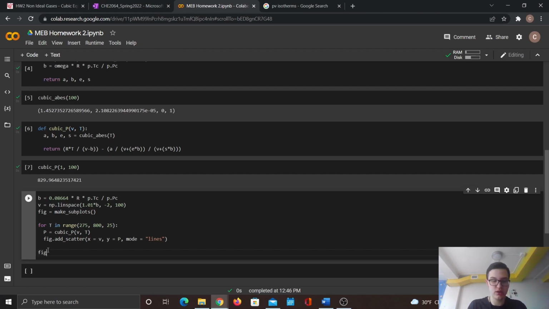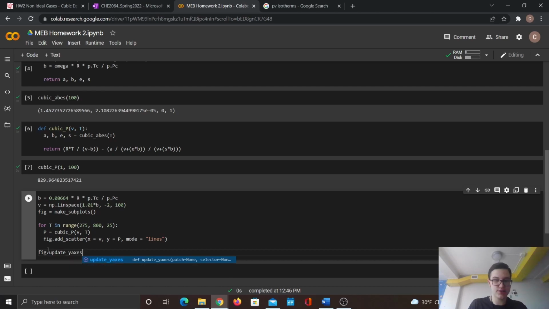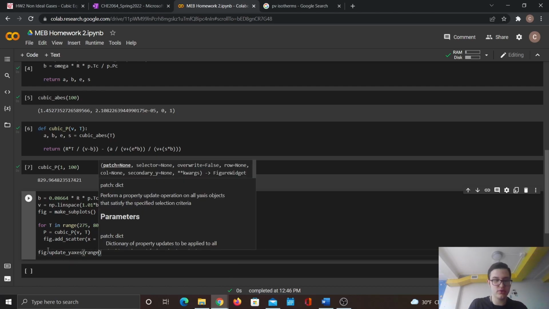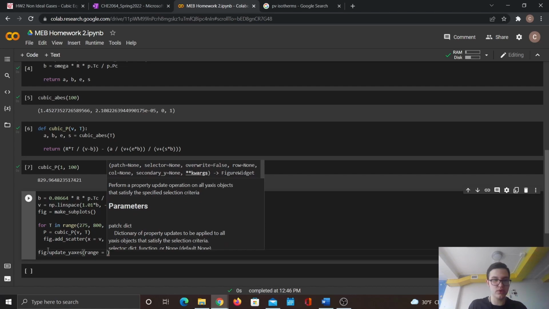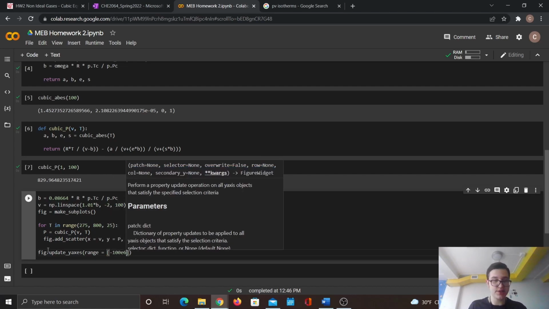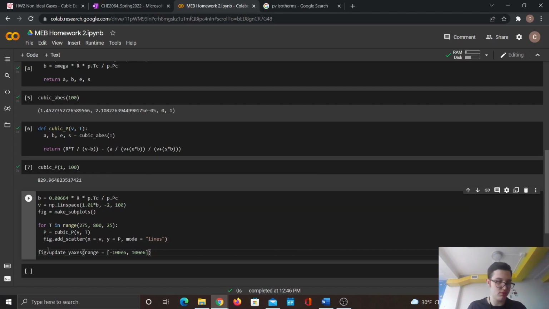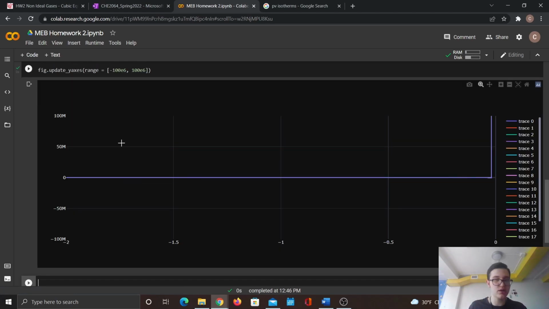So fig dot update y-axis range equals negative 100 E6. Call it to 100 E6. Seems arbitrarily chosen, but okay.